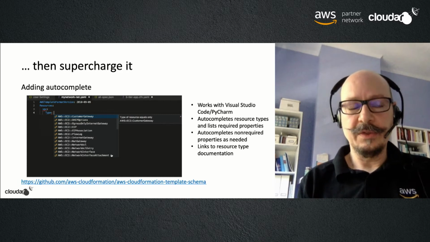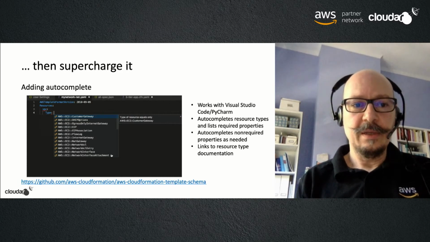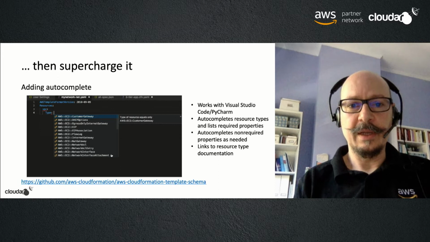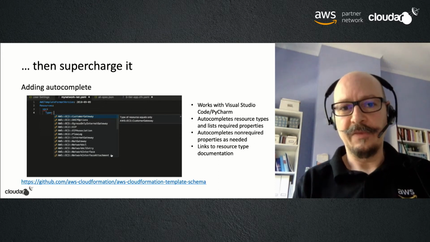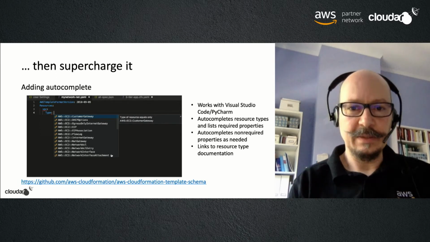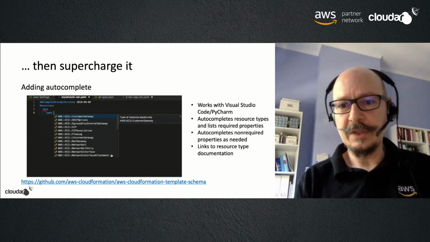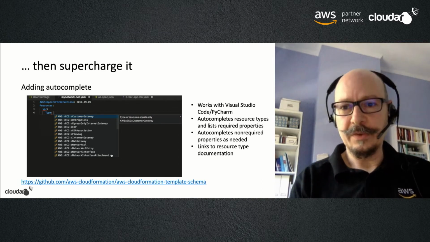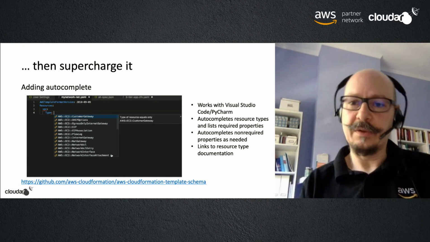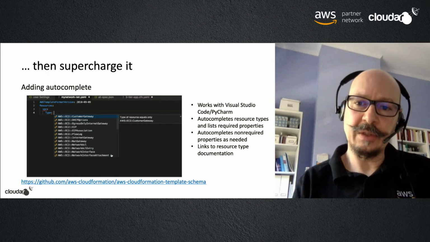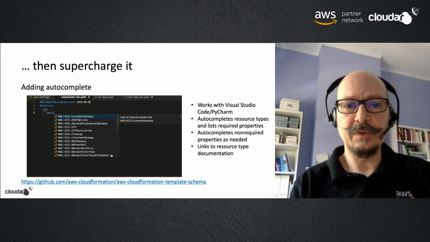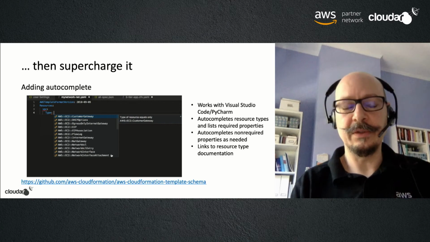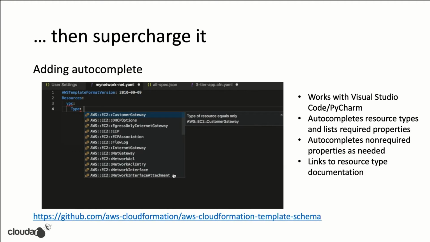Once you've done so, you can supercharge it by adding features to help write the template itself. For instance, if you follow the link indicated here, it provides a configuration that works at least in Visual Studio Code and PyCharm to provide autocomplete. As you specify the type of a resource in your CloudFormation template, you directly get suggestions for which type you're looking for.